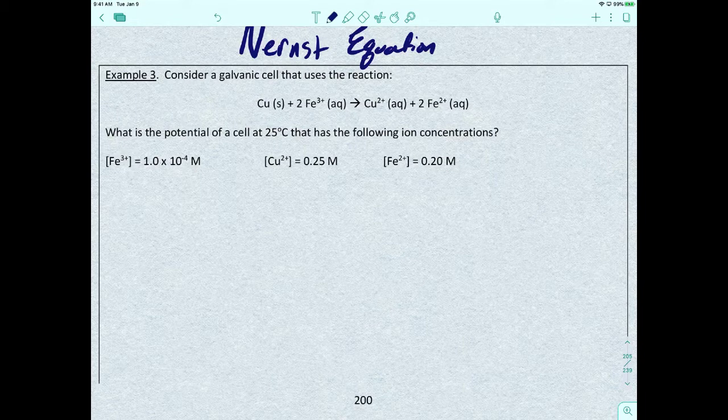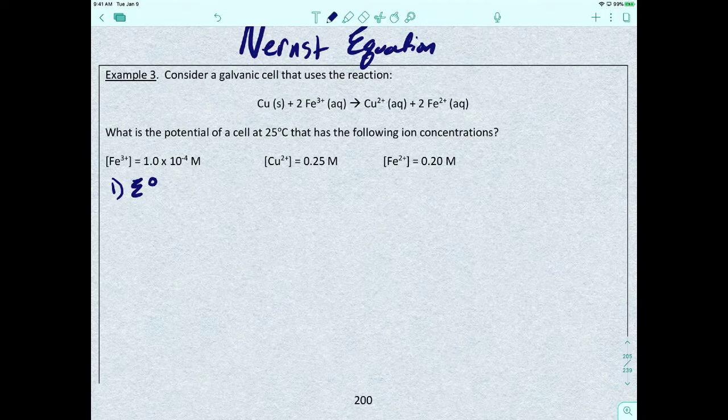All right, so we've got a lot of stuff going on here. First thing we need to do is make a laundry list of things that we got to do. First, we need the cell potential at standard state of the system. In order to use the Nernst equation, we got to get that.